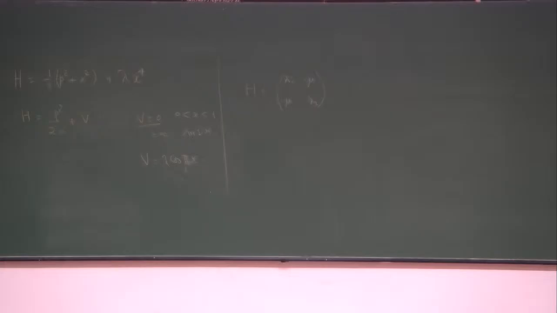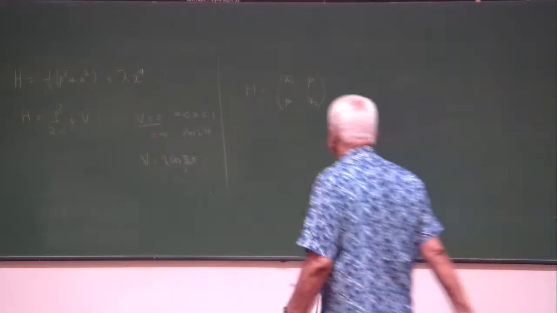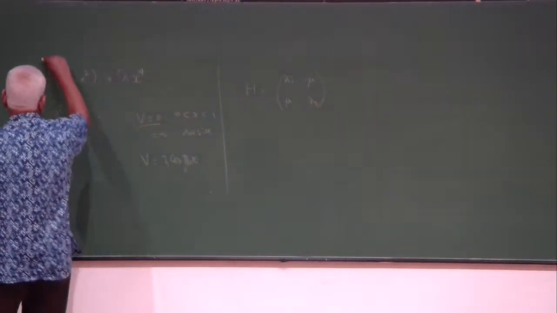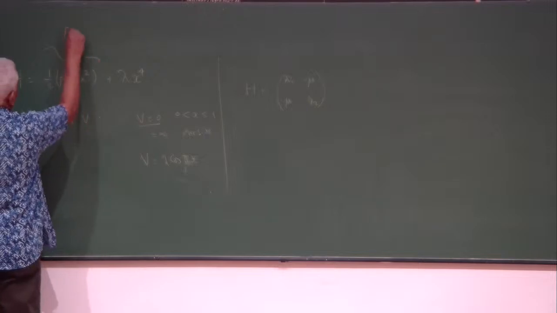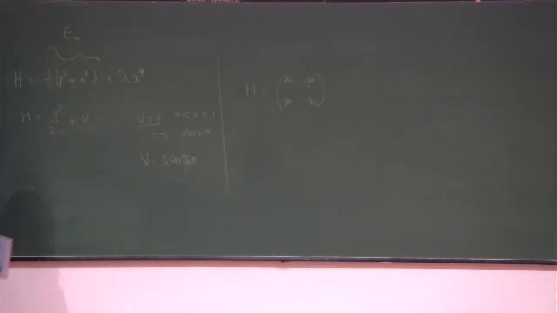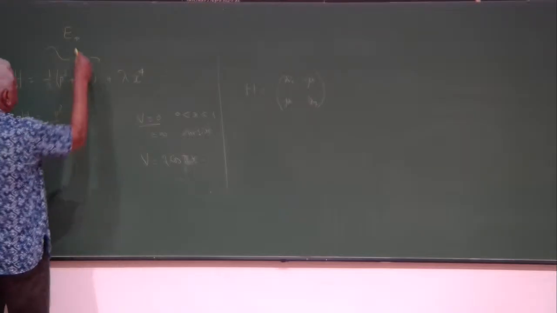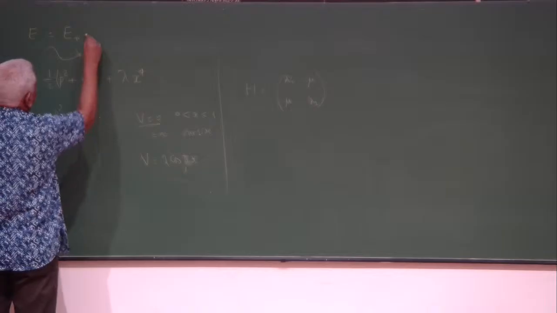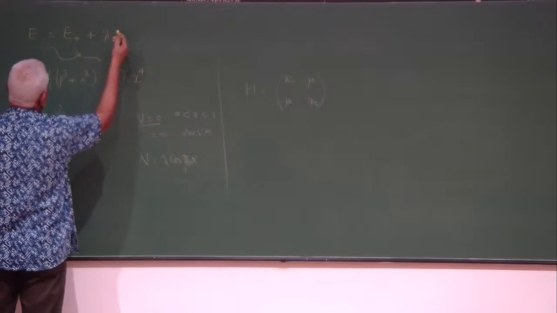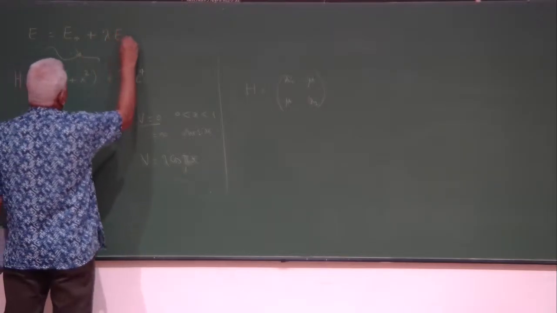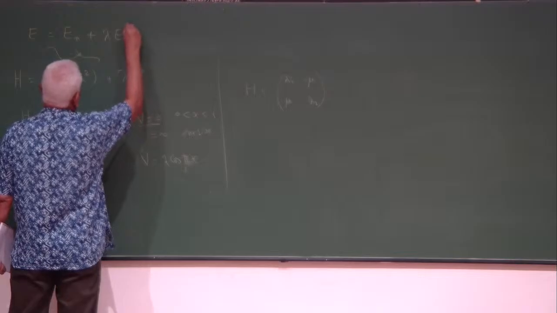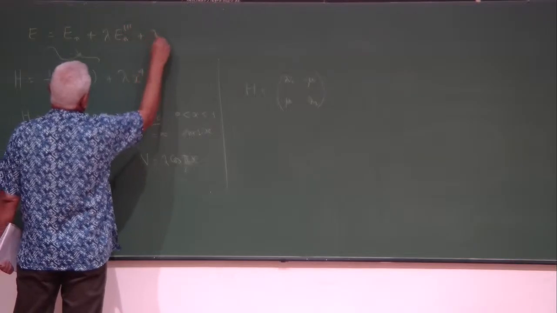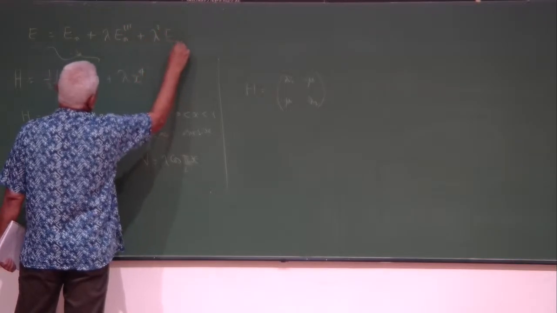Okay? Which means if this one has En as the eigenvalues, you can express E for this problem as En plus lambda times some En first order, plus lambda square En2.